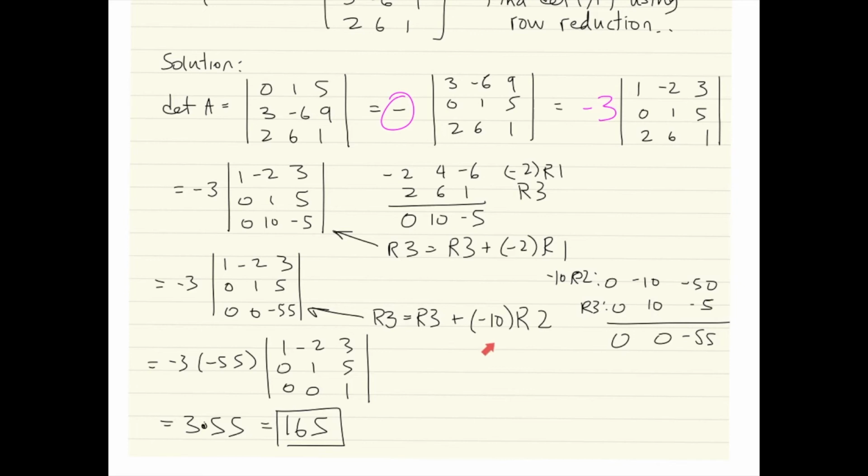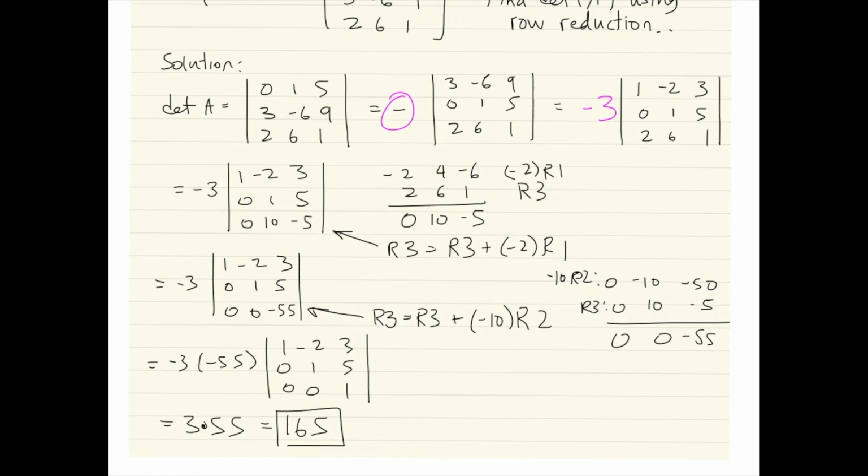And that's what I've done here. The new row 3 is row 3 plus negative 10 times row 2. Here's negative 10 times row 2. Do the arithmetic, I get negative 55. And so then what I'm going to do is factor out a 55 here. And so that's what comes here.